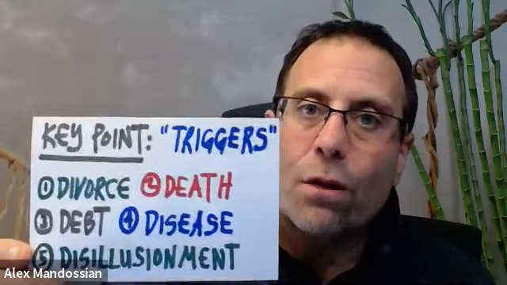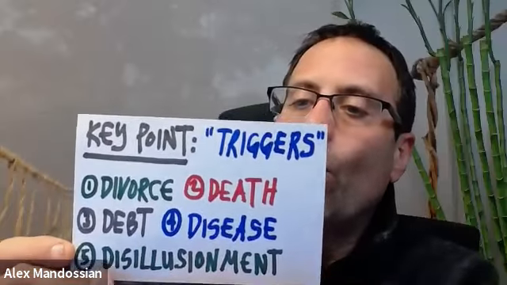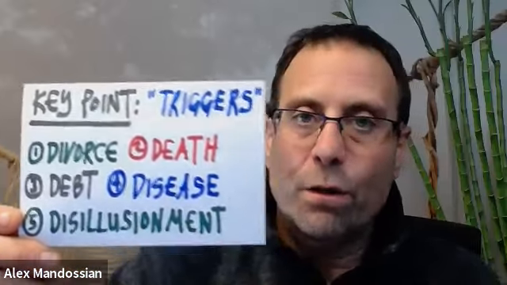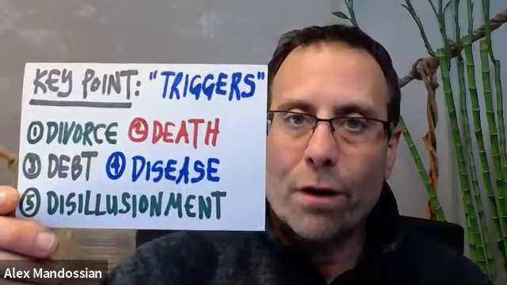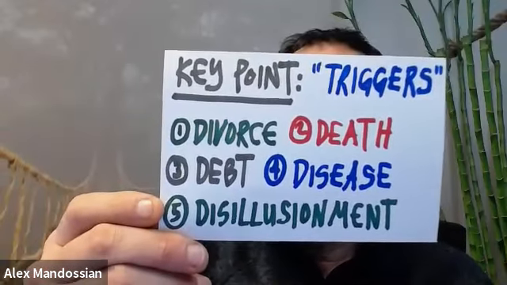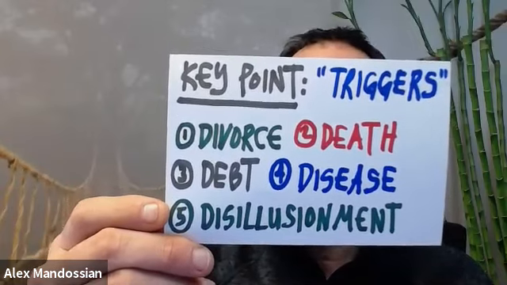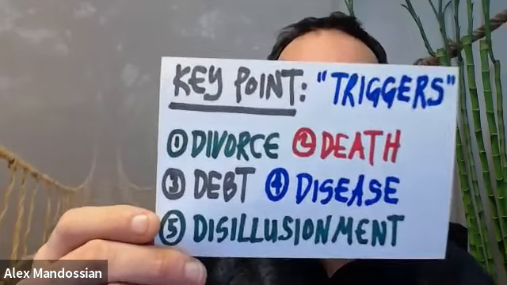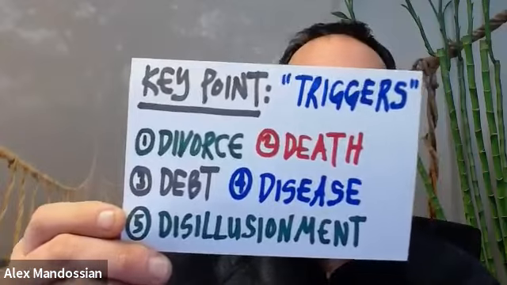They need to sell the home or they need to buy a home. Or disillusionment. Those are the 5 Ds of triggering events. This is something you want to take note of, and I want you to memorize this. Divorce, death, debt, disease, and disillusionment.